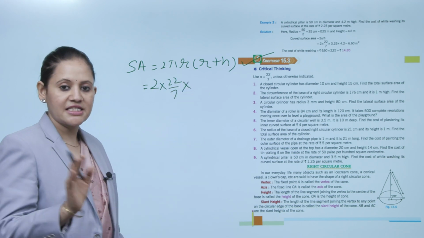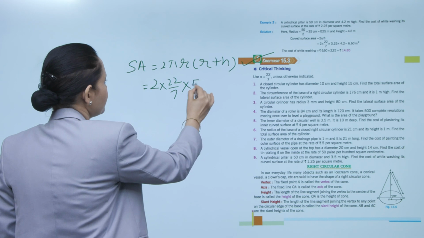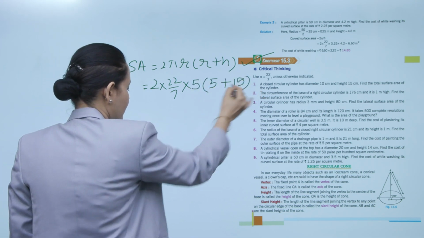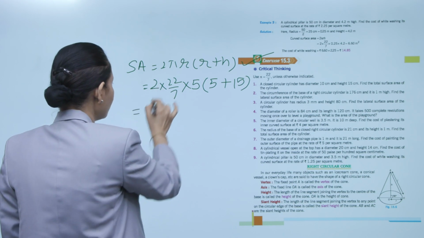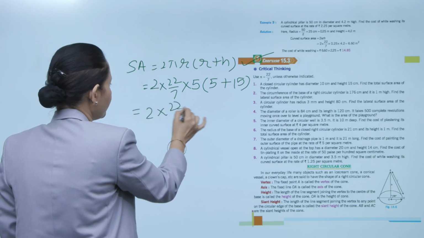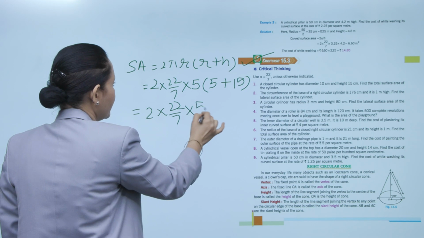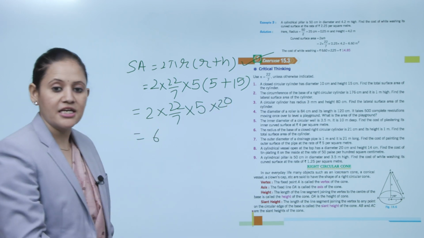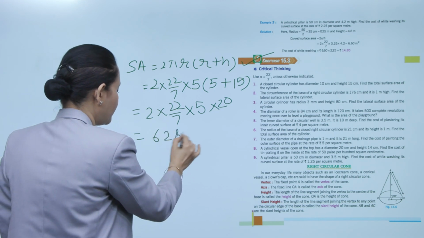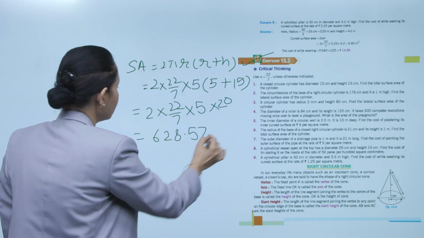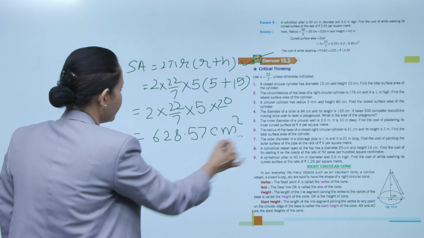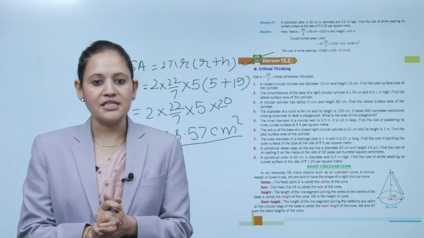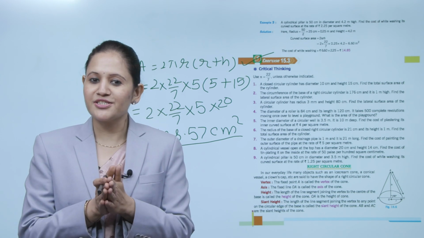Diameter is given, that is 10 centimeter. So r is 5, and 5 plus 15, that is equal to 2 into 22 upon 7 into 5 into 20, that is equal to 628.57 centimeter square. That is the total surface area of the given cylinder. Clear? Practice all the questions of this exercise.